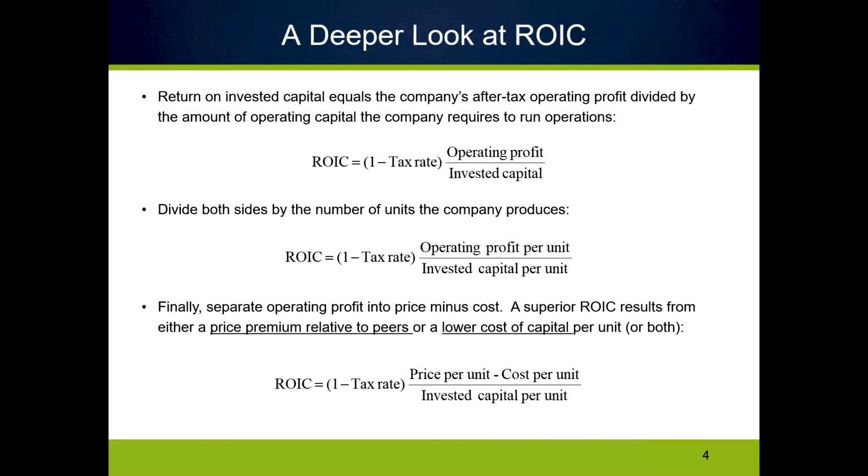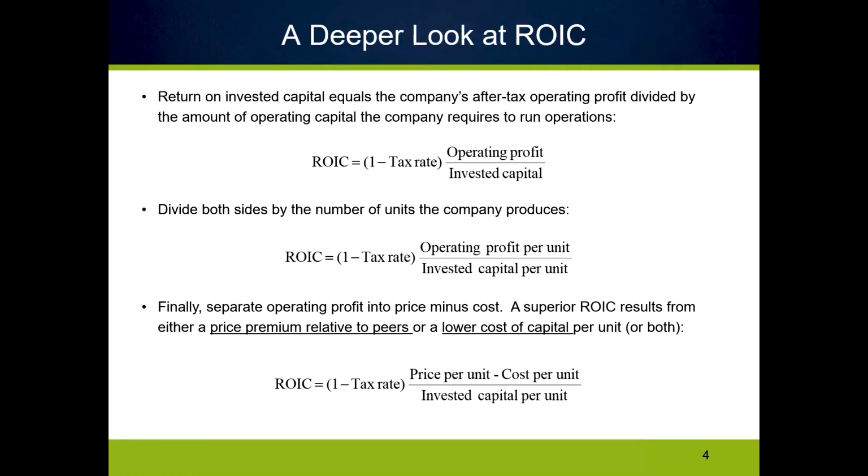And now I have a much more specific set of plans laid out, right? If I want to increase return, I can do one of three things. I can charge more. I can increase the price per unit, right? Or I can do what's called charge a price premium. Right? Or I can decrease the cost per unit. So I can sell it at the same price, but I can produce it for cheaper.